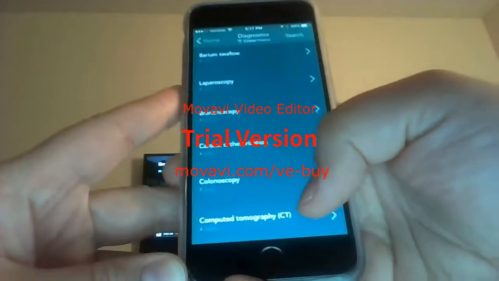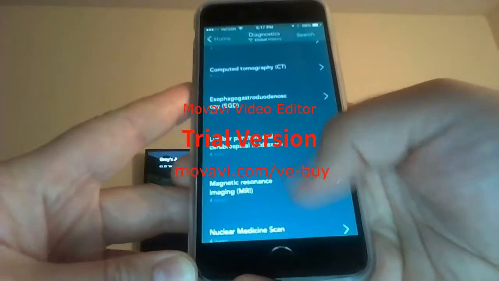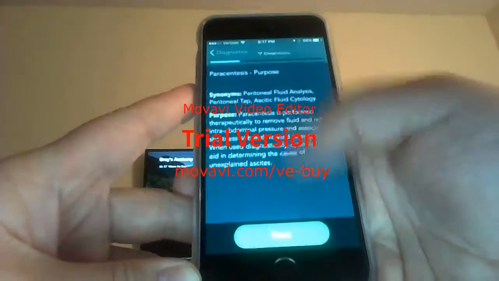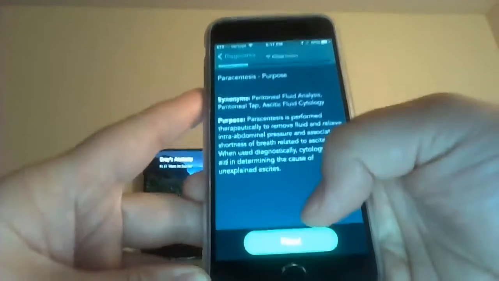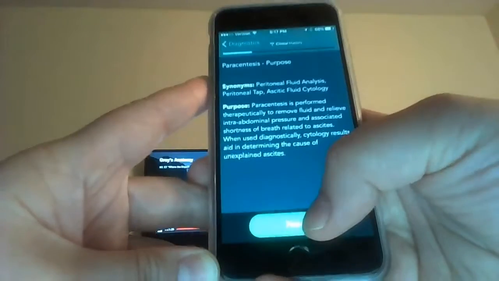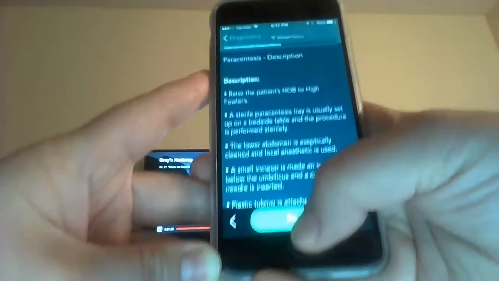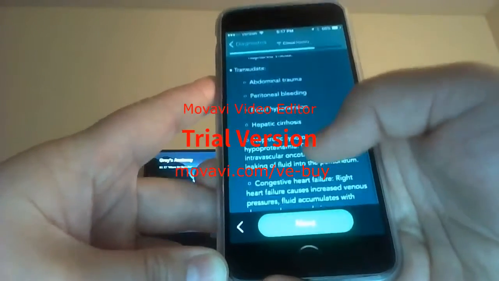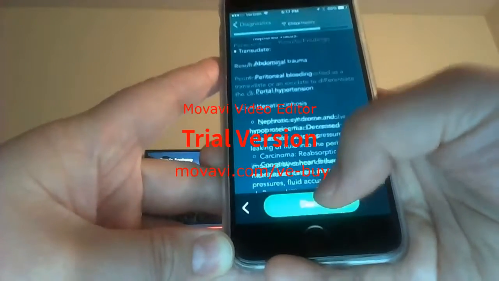Under the diagnostics, it basically is the different tests that patients can have to diagnose some sort of medical problem. Here we can go to paracentesis. Here it describes the purpose, the synonym that may be used for the procedure. And then it goes over the description of what the purpose of the paracentesis is, and the results, when the procedure is done, what the doctor would say the findings could be.